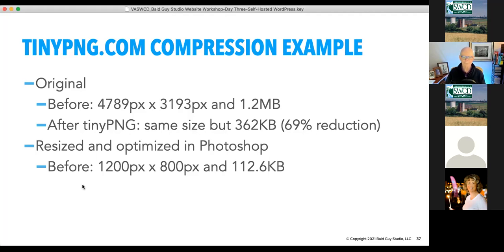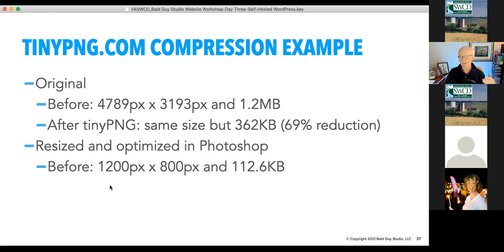But starting over, let me go back to this idea of taking the larger 4789 image that I got off of Unsplash. I reduced it in Photoshop down to 1200 by 800 pixels. Okay, so that means I probably am planning to put it into a 900 pixel wide box on my website.